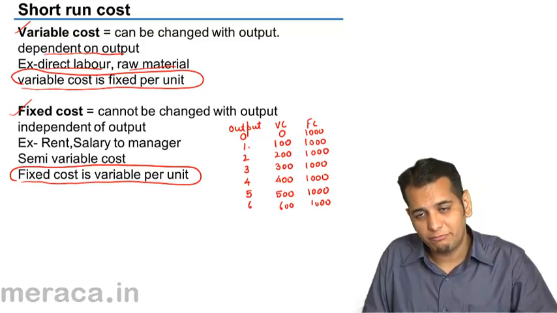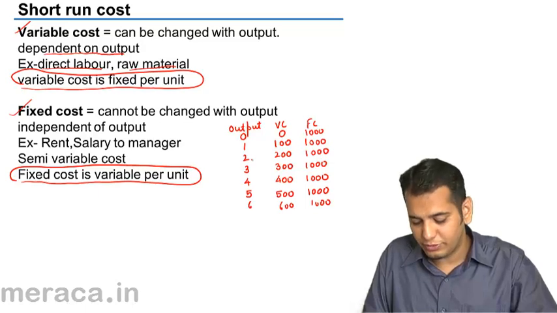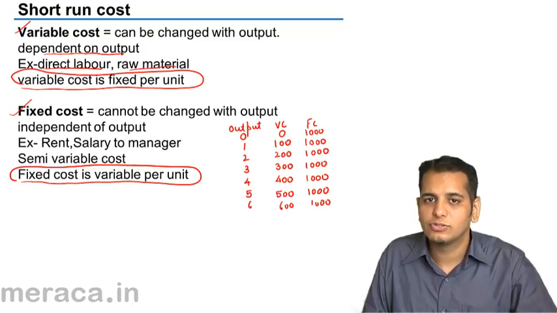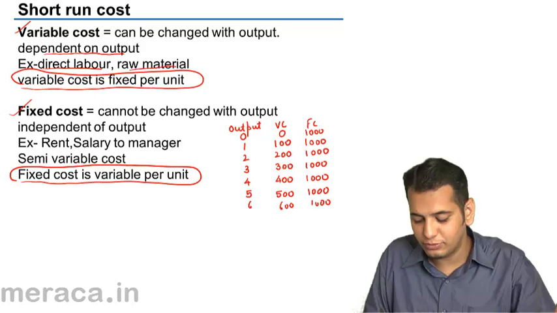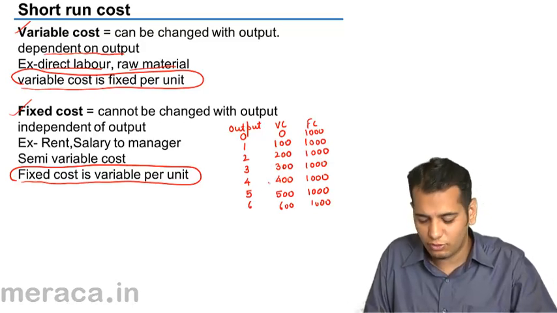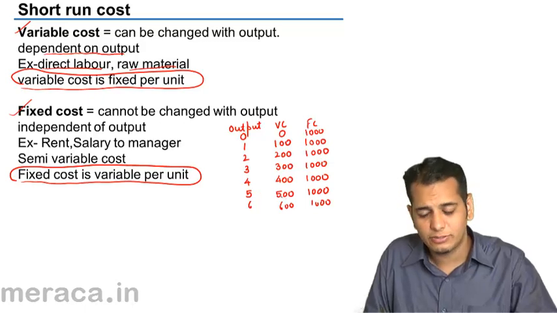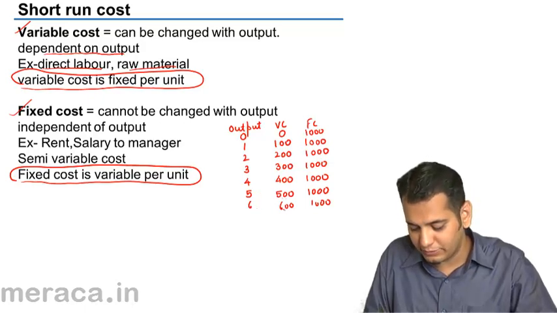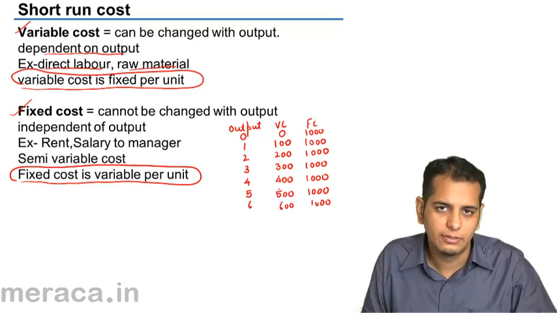So for producing one unit, I need 100 rupees. For producing two units, cost is 200. For producing 3 units, cost is 300. For producing 4 units, cost is 400. Producing 5 units, cost is 500. For producing 6 units, the cost is 600.